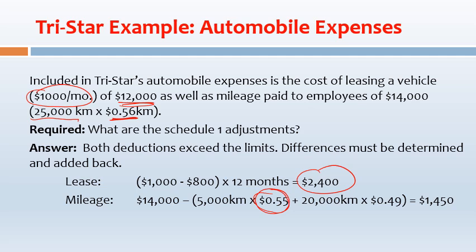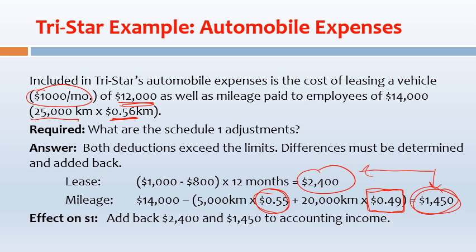We will then add 20,000 kilometers, the remaining kilometers, times the prescribed rate for any subsequent amounts. We're going to add both of those up and deduct them from the $14,000. That'll give us the total of our add back, which is shown right here. So we've got add backs of $2,400 for our Schedule 1, as well as any incremental amounts right here, add back for the auto allowance.